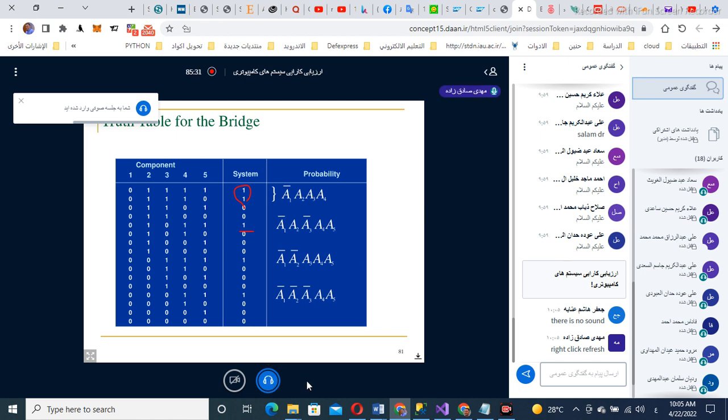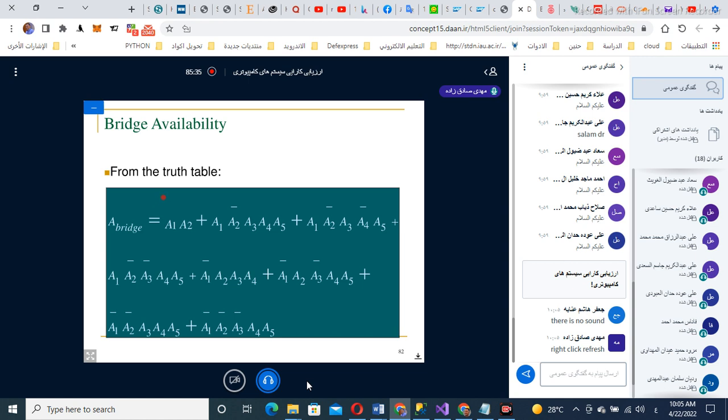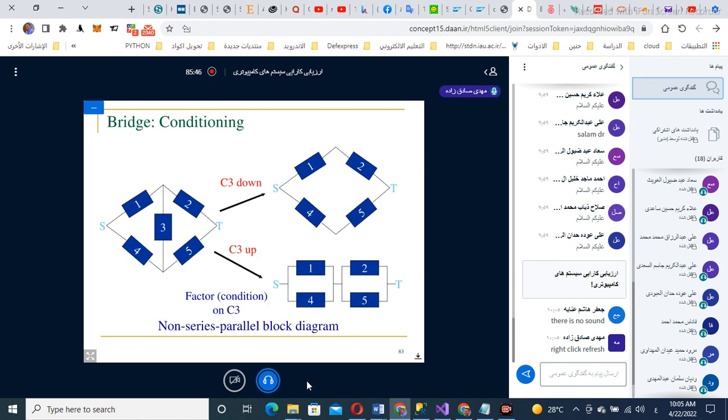From the truth table, the availability of the bridge is the sum of A1, A2 plus A1, A2 bar, A3, A4, until the end. That is the bridge availability. But here in the bridge, the figure of this circuit depends on the status of component 3.